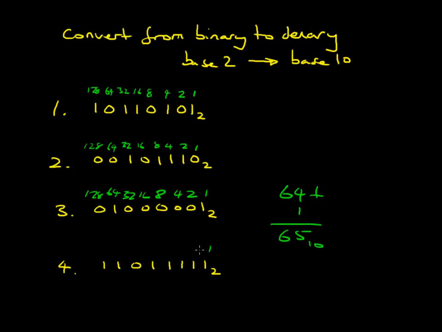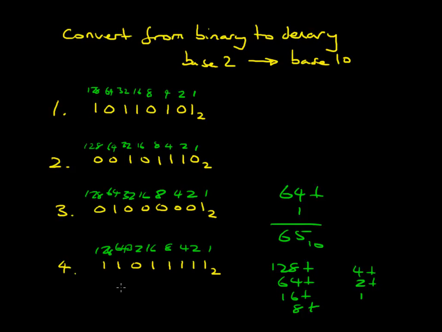And the final one here, we've got 1, 2, 4, 8, 16, 32, 64, and 128. So this is going to be 128 plus 64 plus 16 plus 8 plus 4 plus 2 plus 1. What we'll also notice here though is all that we're missing is the 32.